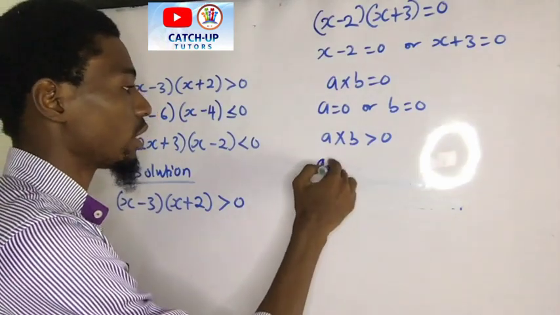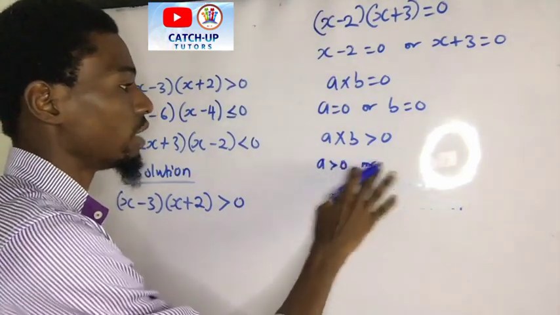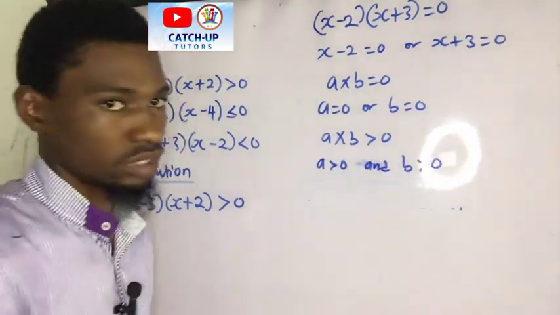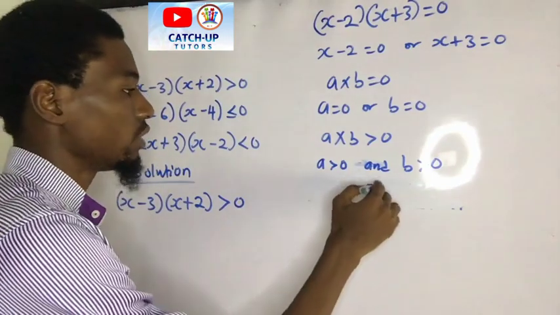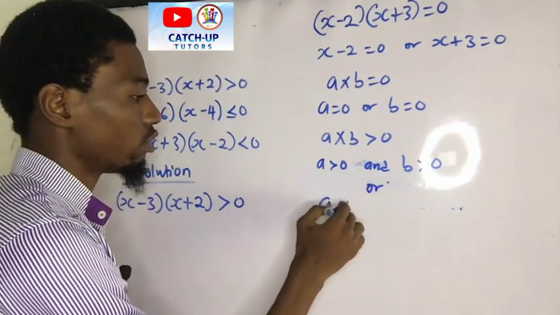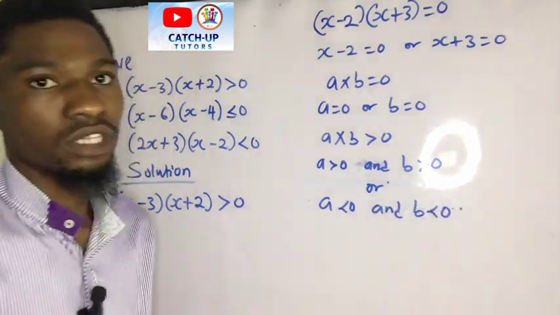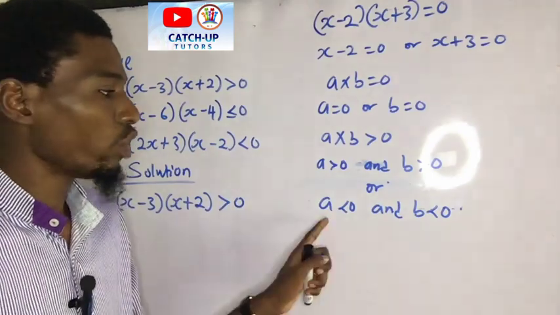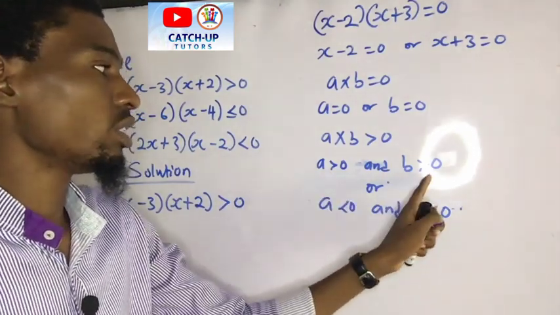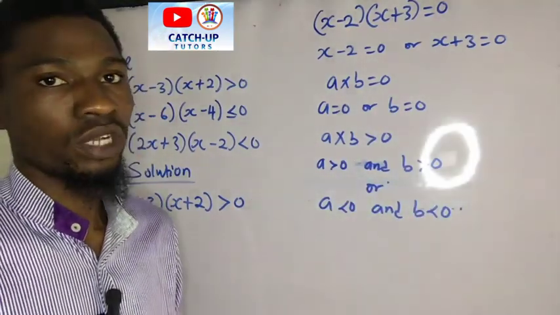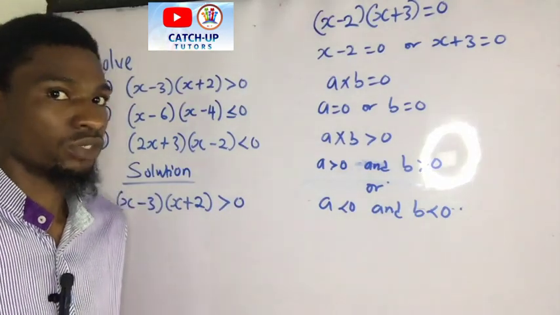Meaning a is positive and b is positive, or a is negative and b is negative. It is very simple. When you multiply positive with positive, you have a positive number, and when you multiply two negative numbers together, you have a positive as well.